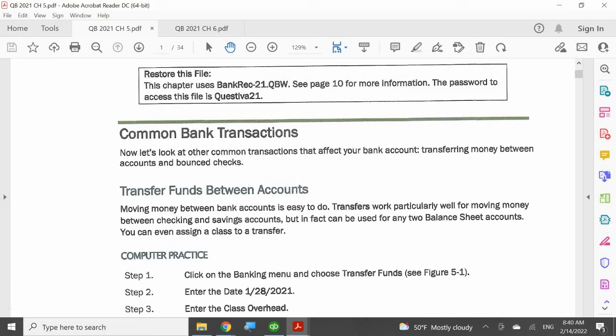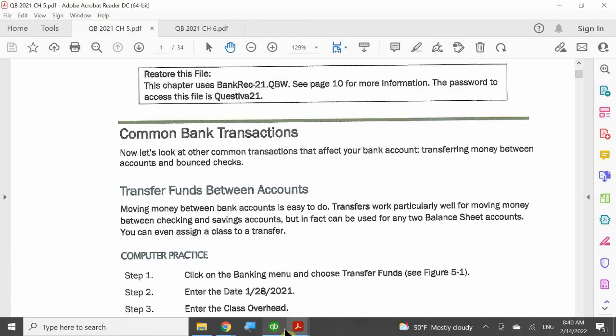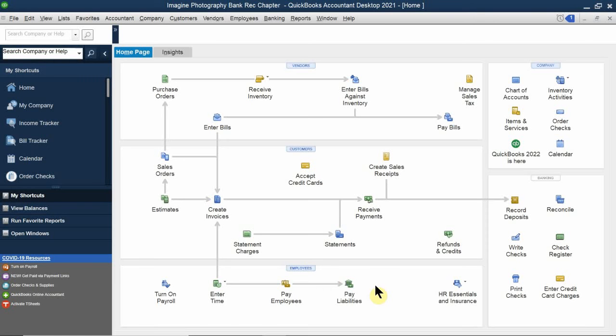Now, this isn't just moving from a regular asset account to an expense account, right? No, this is strictly for your bank accounts, because this is a common transaction that you can do in QuickBooks, and this is how you do it. So if for any reason you need to transfer money from your checking account to your savings, or vice versa, if you don't have enough money in your checking account, maybe you need to transfer money from your savings to your checking account.